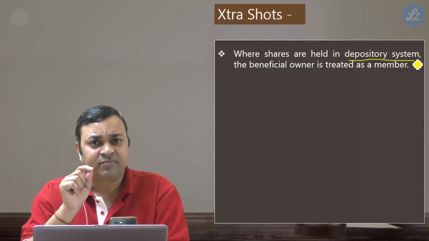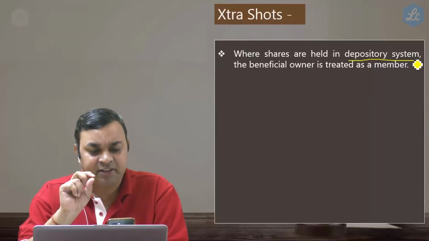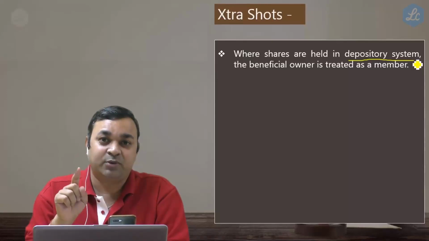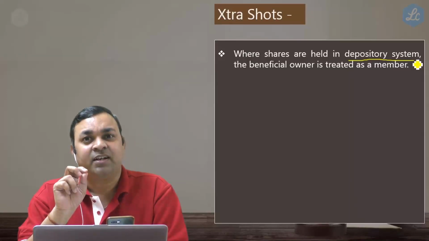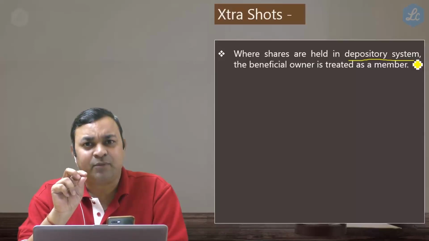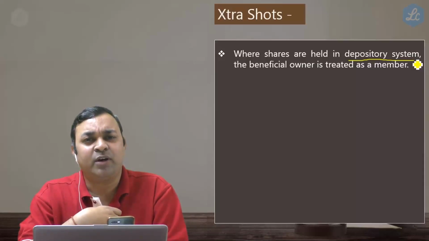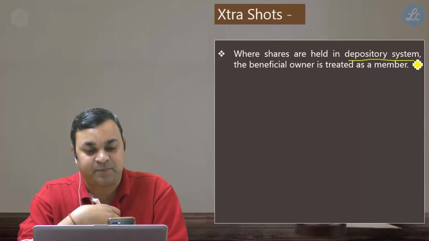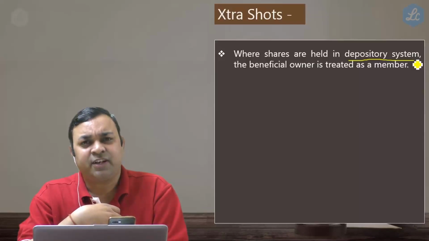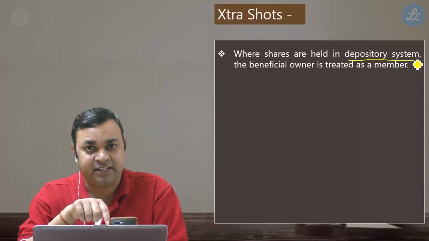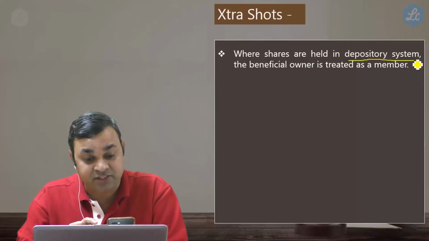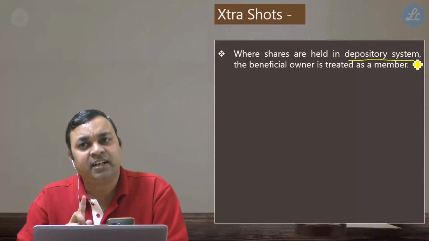So in case of a listed company where the shares are held in a depository system, remember one thing: the name, suppose for example, I am holding shares of Reliance Limited. Shares will not be held in my name. I am the beneficial owner of the share. So who will be treated as a member?